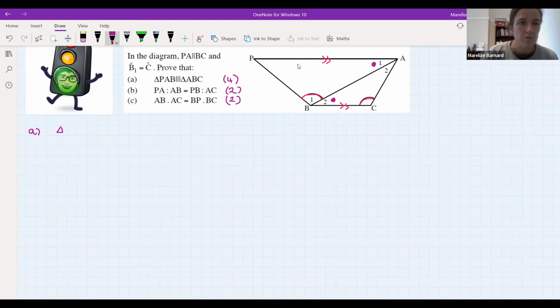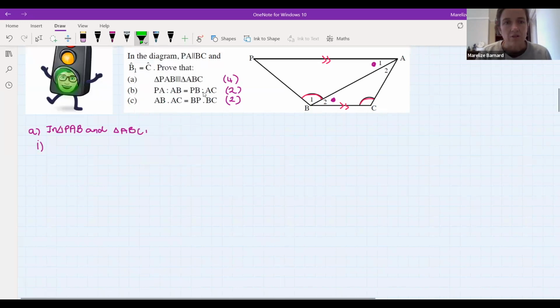We're going to start with triangle PAB, and in triangle PAB and triangle ABC. I haven't highlighted my triangles, so let's do that as well.